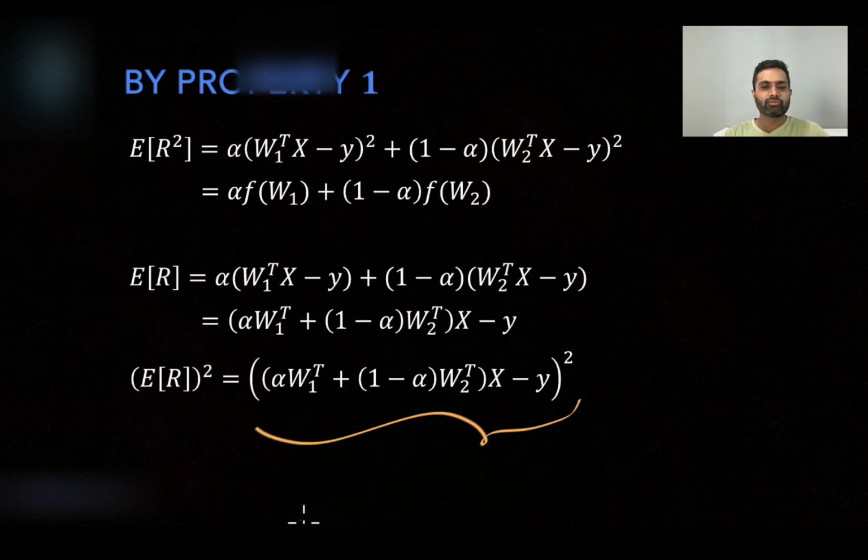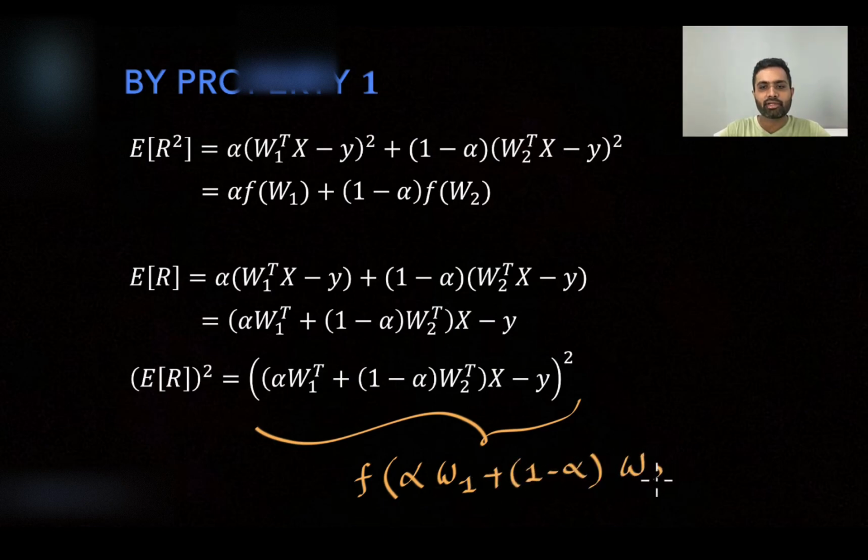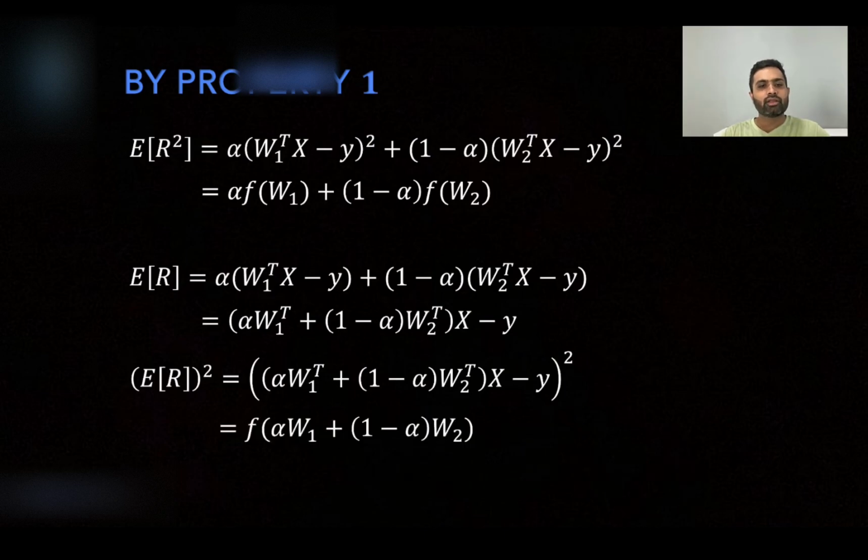Now if you notice this entire equation, it corresponds to f evaluated on alpha times capital W1 plus 1 minus alpha times capital W2. That's how we have defined f. So that's what I have written: the expected value of r whole square is just f evaluated on alpha capital W1 plus 1 minus alpha capital W2.